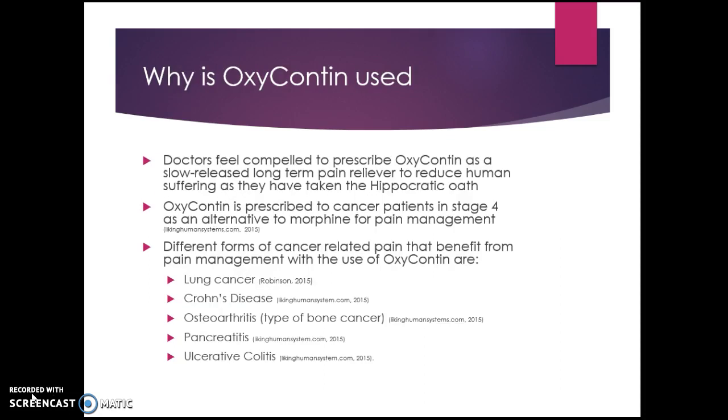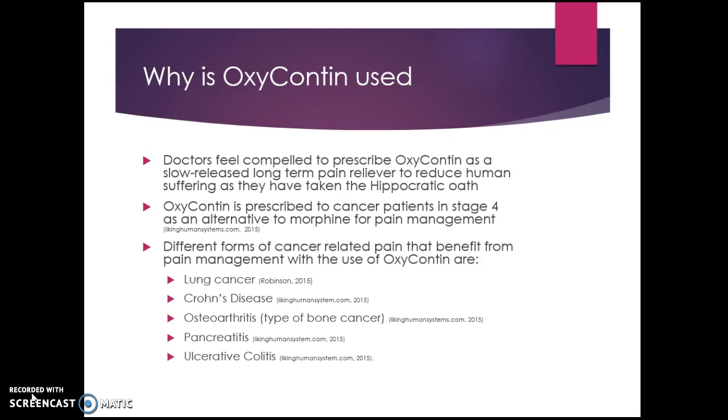We go over why doctors feel compelled to prescribe OxyContin, and for this continued use, it is in relation to reducing the suffering of humans. They are prescribing it in the hopes of helping with pain relief. OxyContin is prescribed to stage 4 cancer patients as an alternative to morphine for pain management.